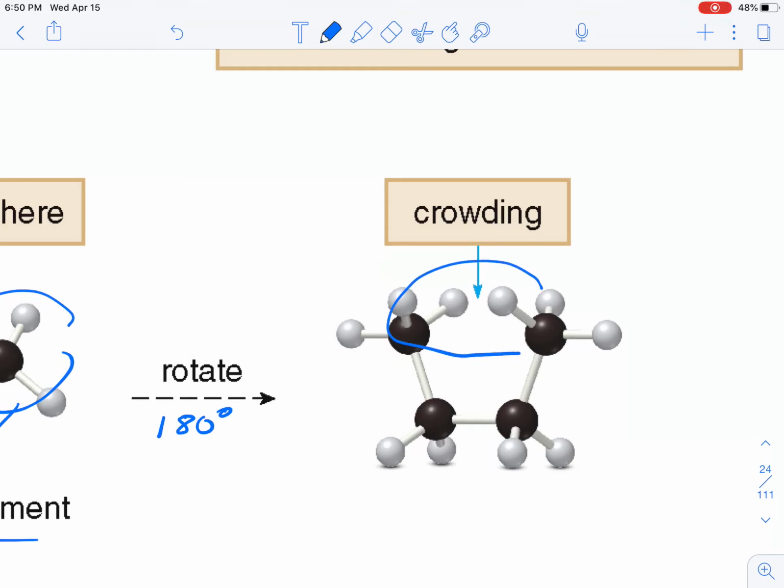And notice that there's some crowding between these 2 bulky methyl groups. This crowding prevents this molecule from always rotating to this specific conformation. So your alkanes are always rotating, but if there's some crowding, it doesn't want to conform to that specific orientation. So it's just going to move away from that.